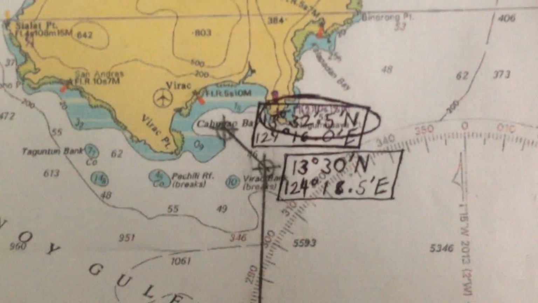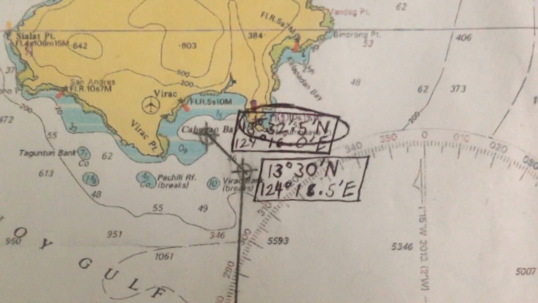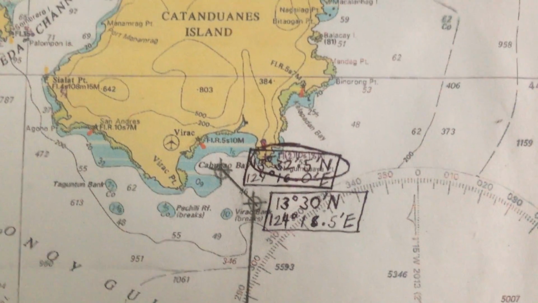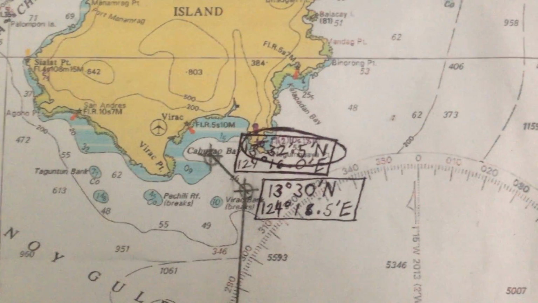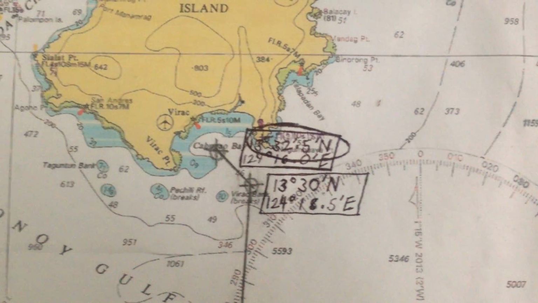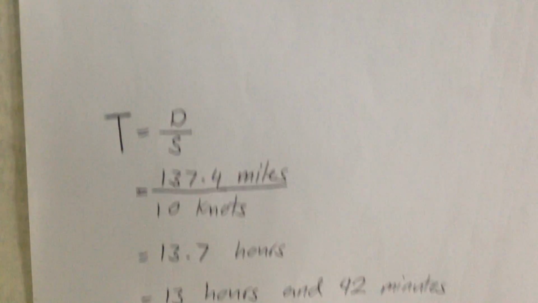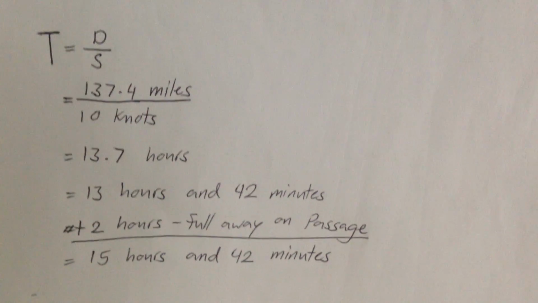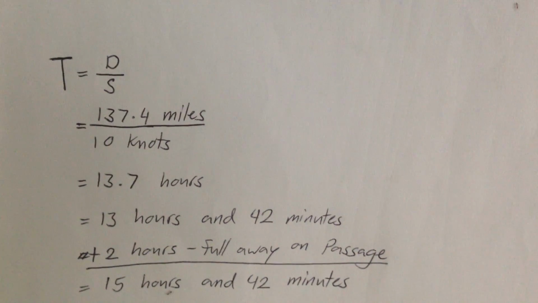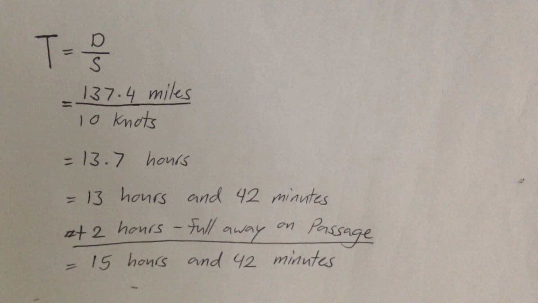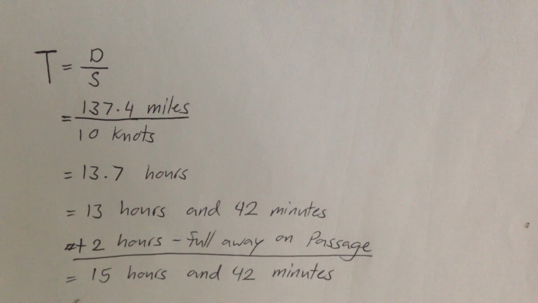So next, to the Virac Bank. The Virac Bank is 3.9. Same procedure, we subtract: 141.3 minus 3.9, we get 137.4. Same procedure, go to the formula. Distance is 137.4 miles, divided by 10, we get 13.774.